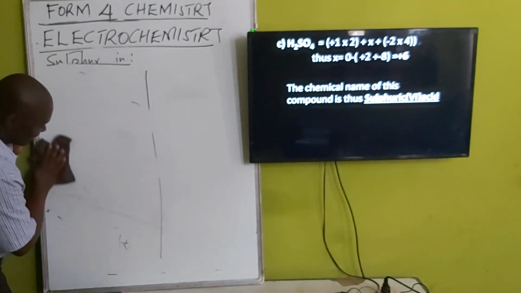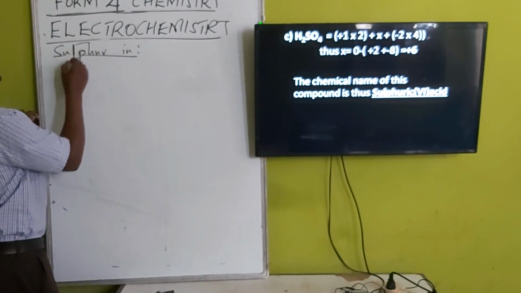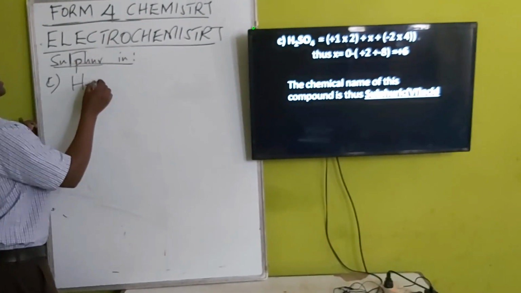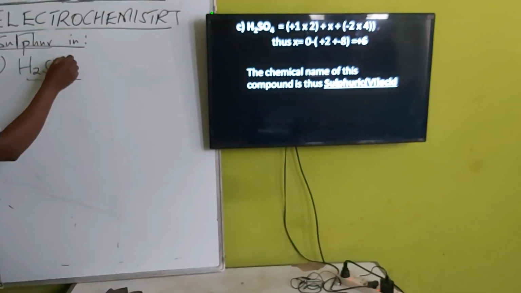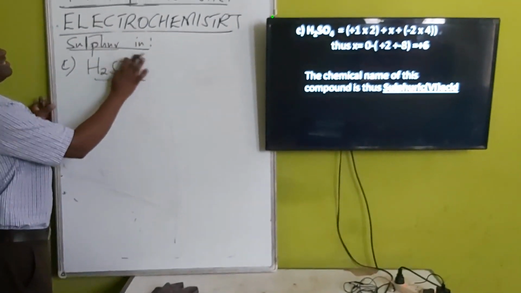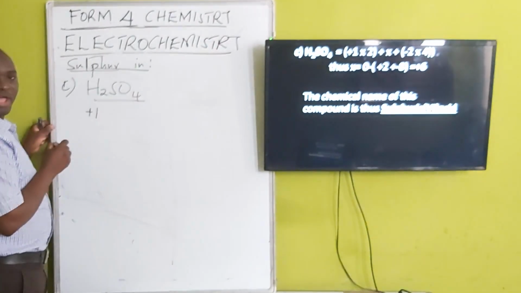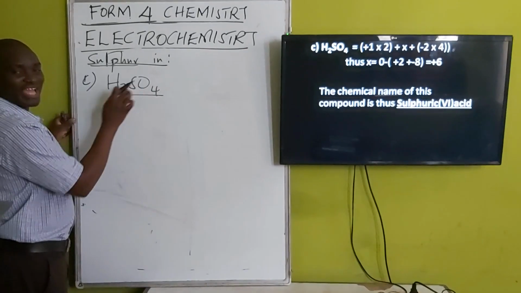We can do the same with the third compound. So we are calculating sulfur in H2SO4. What is the charge of this compound? 0, there is no charge. So hydrogen here is positive 1. Why? Because hydrogen is bonded to nonmetals, which are electronegative elements.